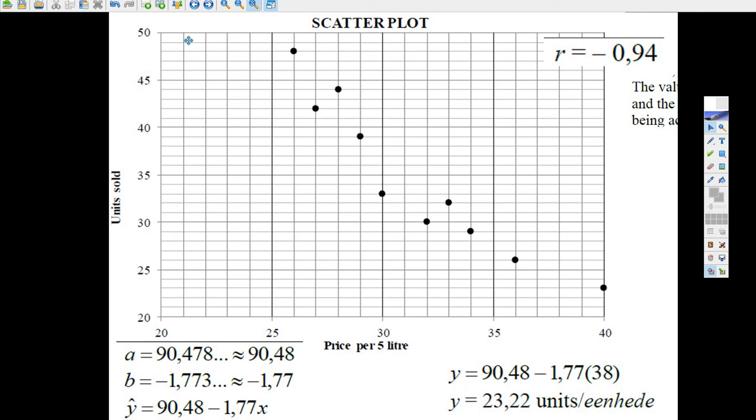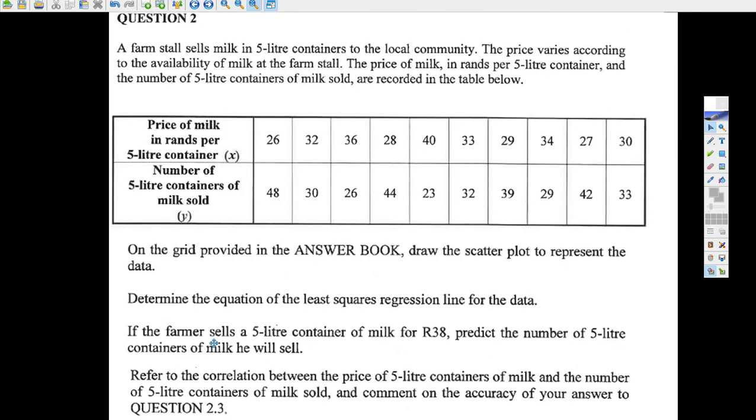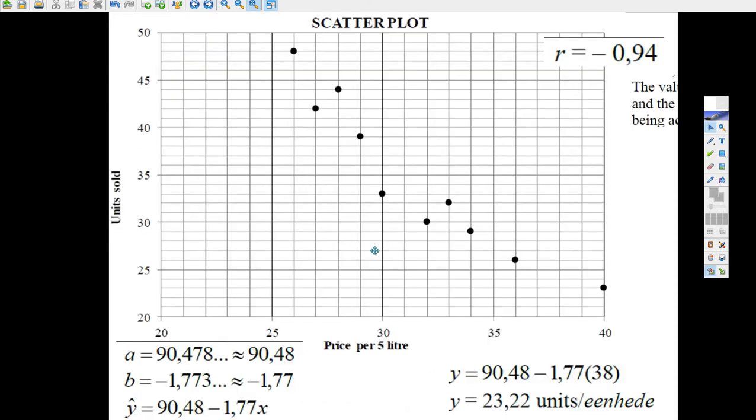How would you predict, it says here, a farmer sells milk for 38 rand. If you sell it for 38 rand, let's see how many he should sell. Well, all you do is put 38 into the equation, and you get your answer. 23 of these 5-liter containers, 23.22.